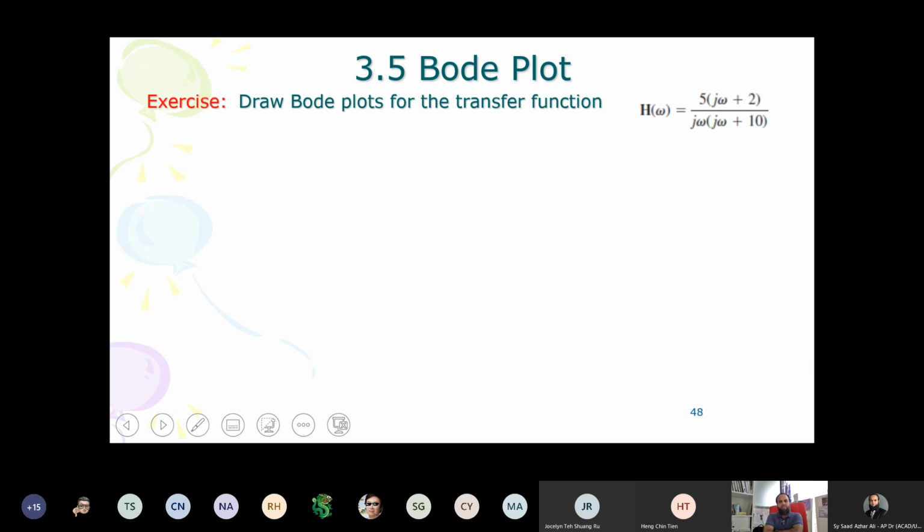Okay, so this is our next example. Can someone first of all tell me what kind of elements are here right now? Do we have a simple zero? Do we have a 0 at origin in this particular example?